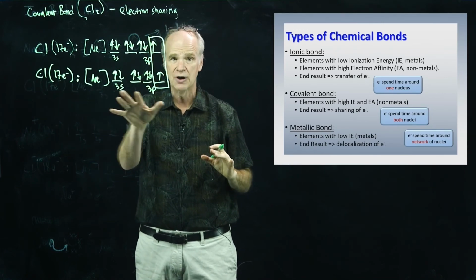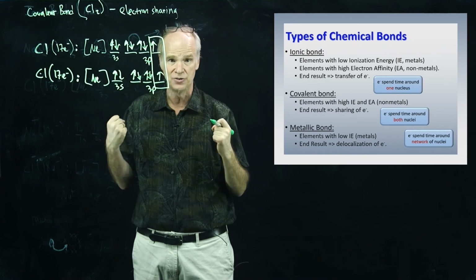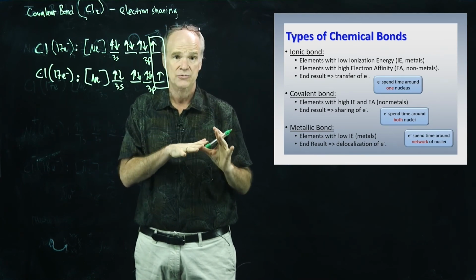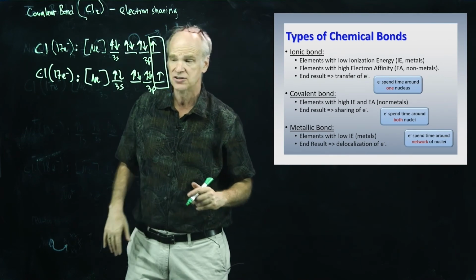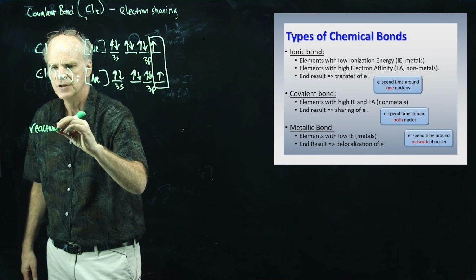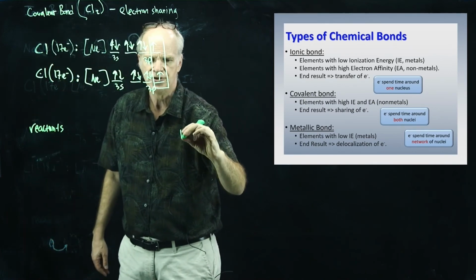To describe how these chlorine atoms get together, bond and share, let me draw out some valence dot pictures. We have reactants, and then products over here.